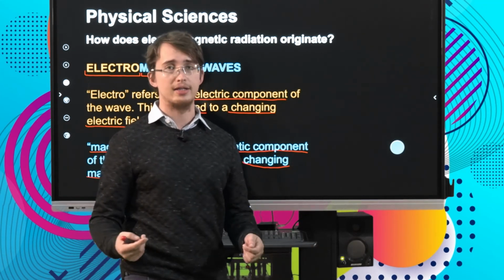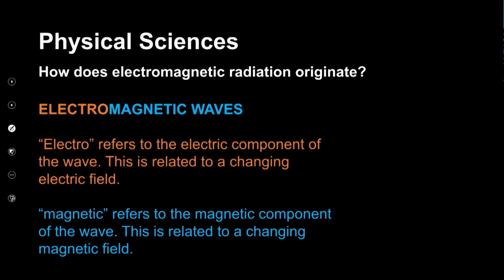how it propagates? When posed with such a complex word like electromagnetic, I often encourage my learners to break the word up to better understand each component one at a time. In the phrase electromagnetic waves, we have electro, which refers to the electric component of the wave, and it is related to a changing electric field, i.e., electromagnetic waves are in part made up by a changing electric field.